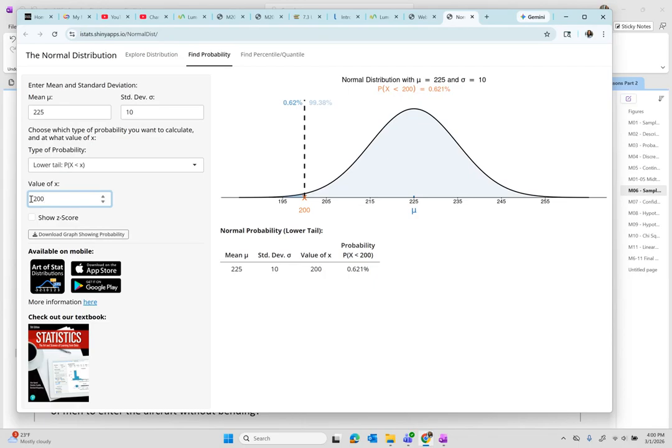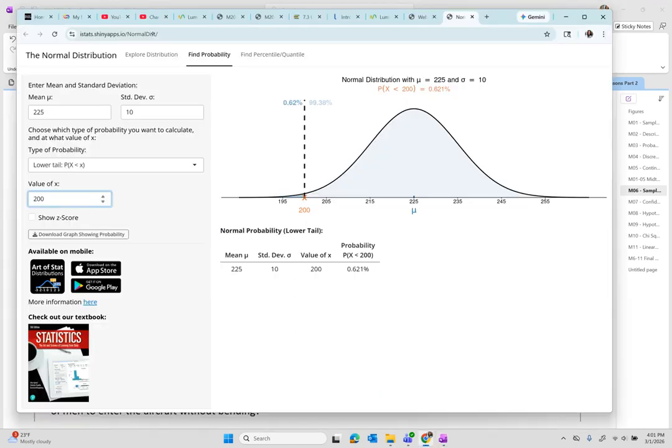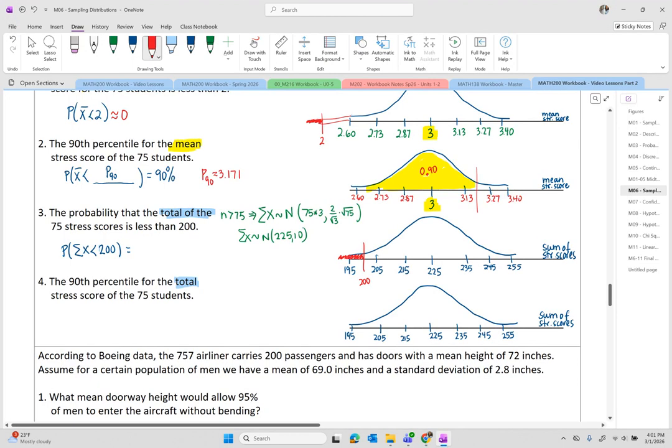So 200 is between 3 standard deviations and 2 standard deviations below the mean. So between the values of 195 and 205, this is where 200 is. So I'm looking for the probability here in the lower tail, and that probability, according to my technology, is 0.621% or 0.00621 if they want it as a decimal.